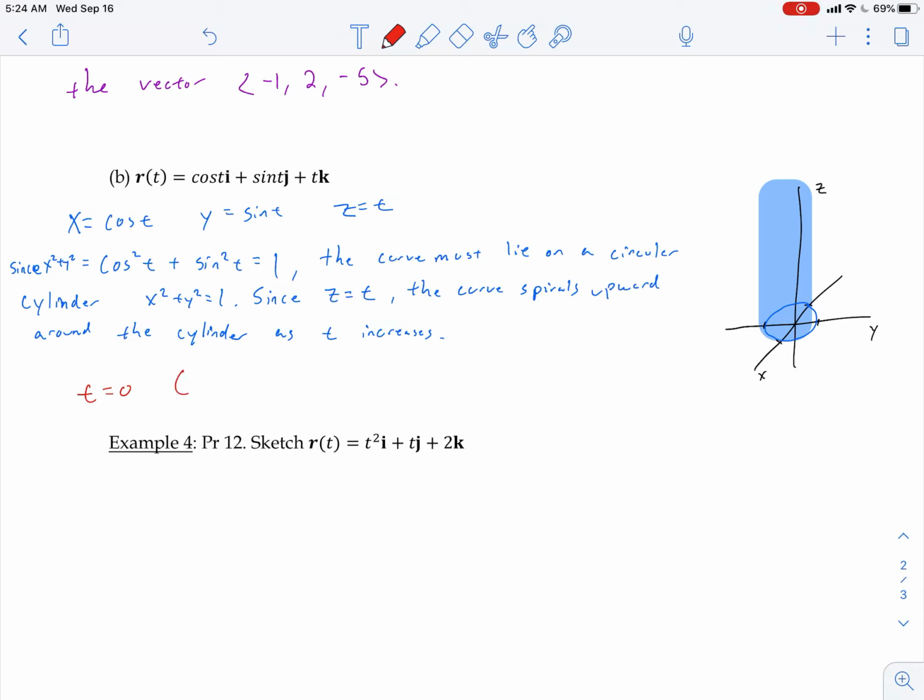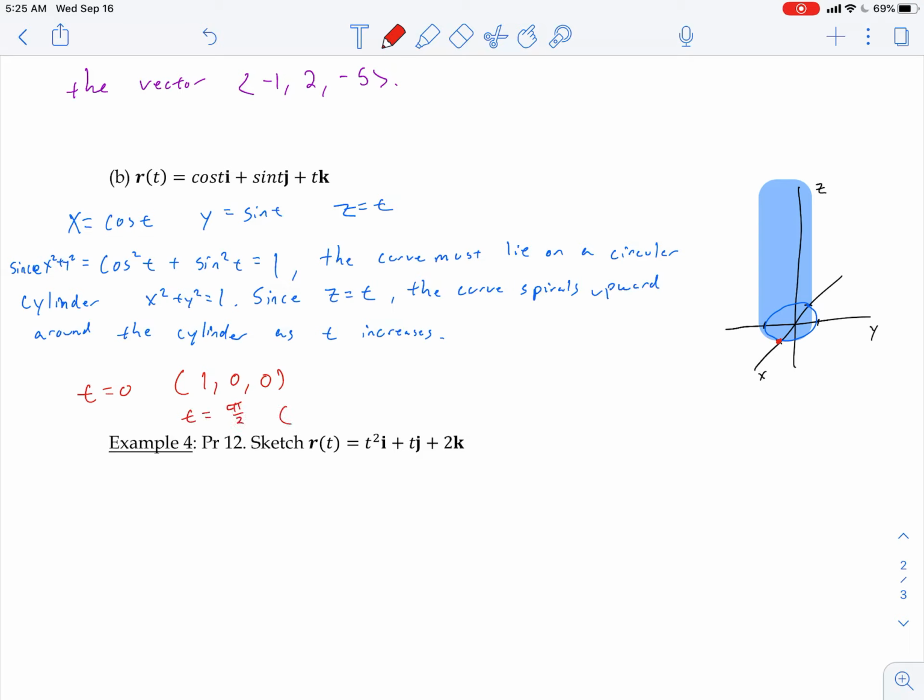If t is equal to 0, you're just going to plug t equal to 0 into all of the parametric equations. And so when we do that, cosine of 0 is 1, sine of 0 is 0, and z is 0. So it means that we're starting at this point, and then we need to tell what direction: are we increasing, going up, or going down?